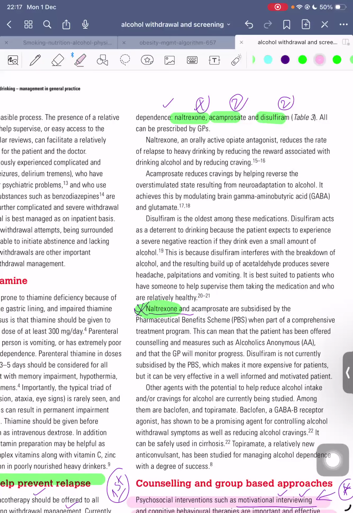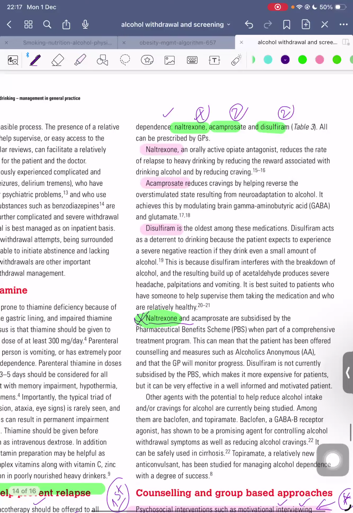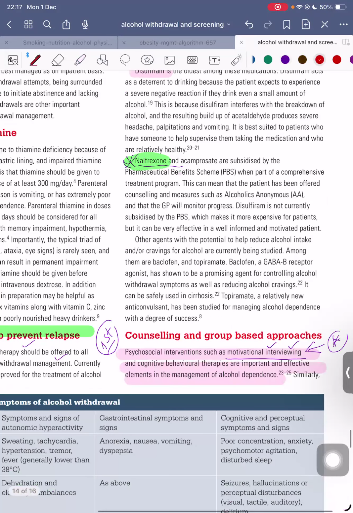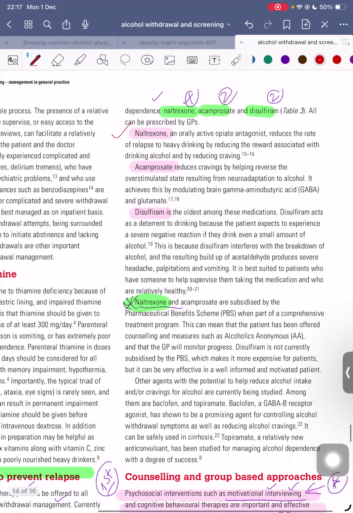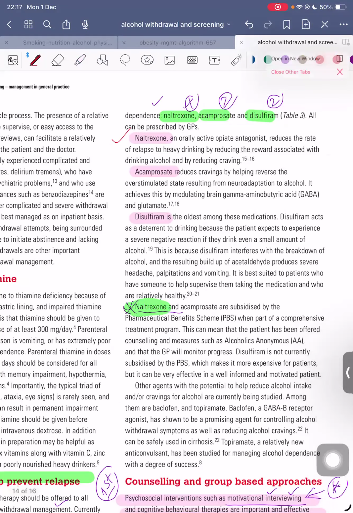So here, naltrexone, acamprosate, disulfiram. Usually in AMC they are asking naltrexone and the psychological intervention. These two they are mainly focusing on, but it's okay, we will read the others as well.